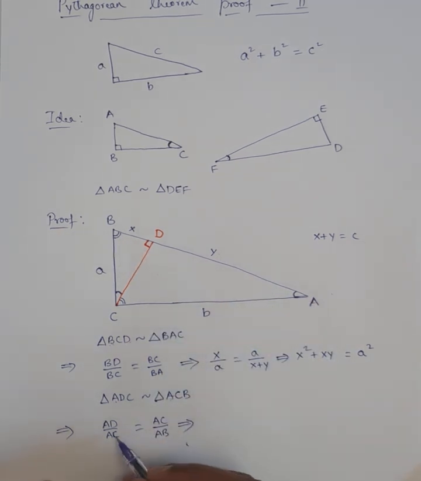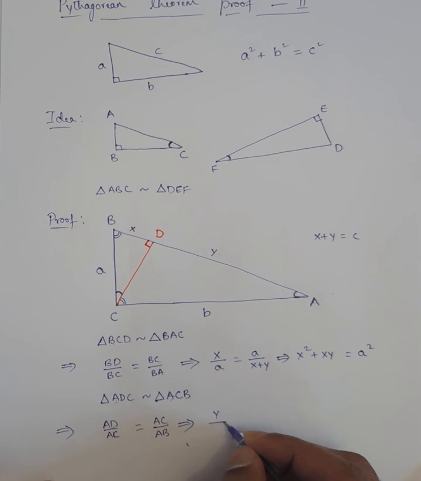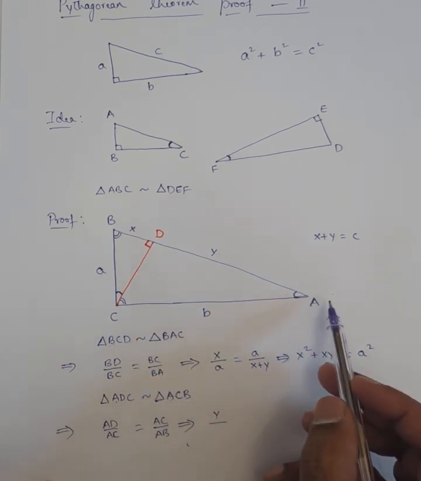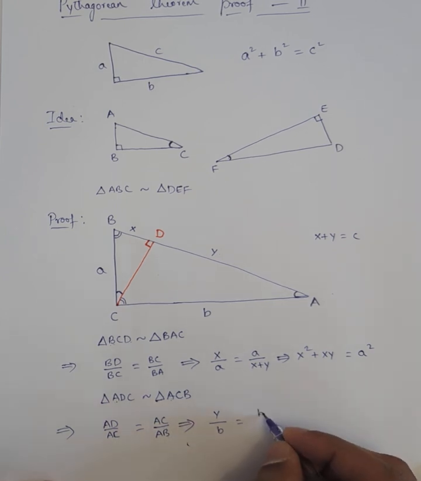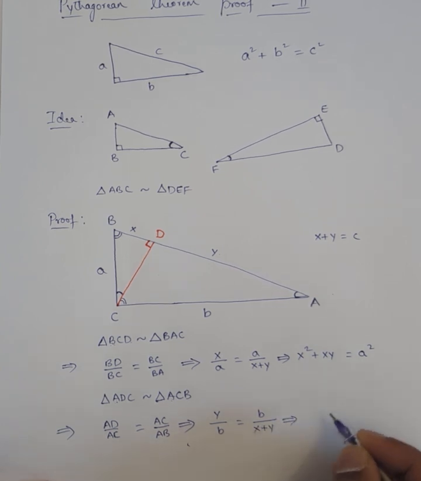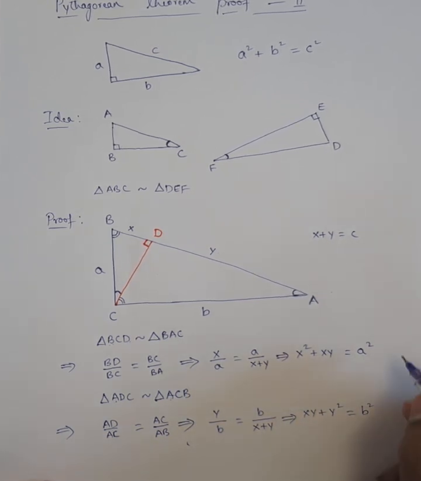All right, AD over AC. AD is y, AC is b, is equal to AC is again b over AB. AB is x plus y. And we can cross multiply again. We get xy, or let's write x first, plus y square is equal to b square.